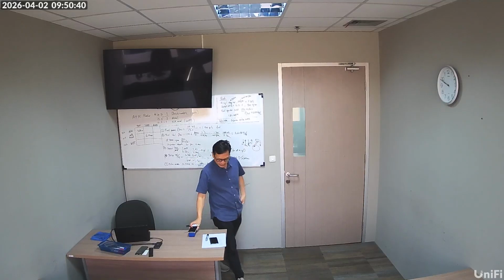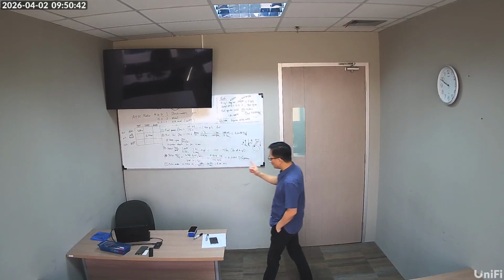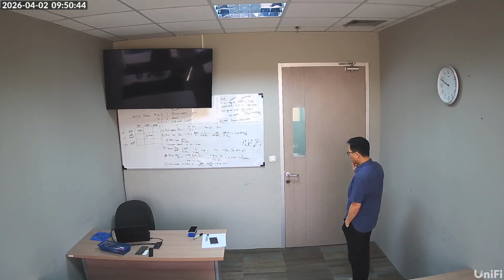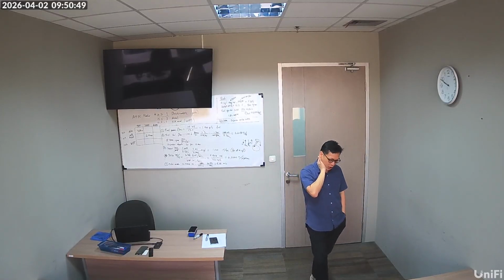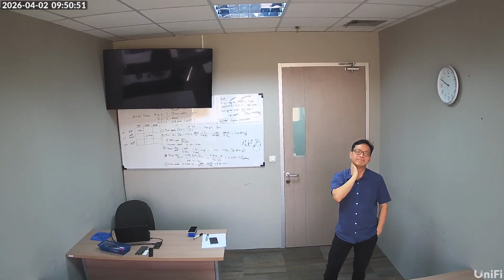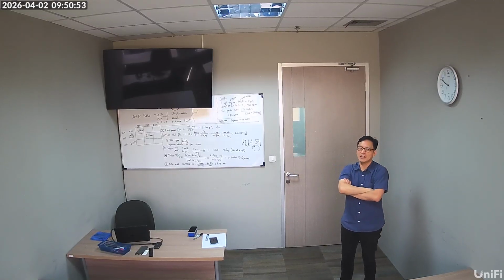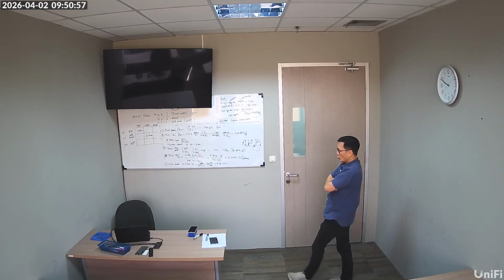Now, I want to do one more thing, which is duty cycle. You remember what the concept of duty cycle is? What is duty cycle in general? Just in general, in engineering.